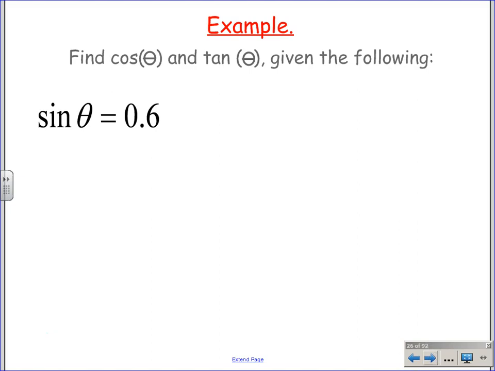Before I answer that question, let's do a weird problem. Because this one says, find, it's not asking what happens, it's asking for the cosine and the tangent. So if we take the triangle that we just saw, we could say opposite over hypotenuse of somebody is 0.6, which would be 6/10, which would be 3/5.